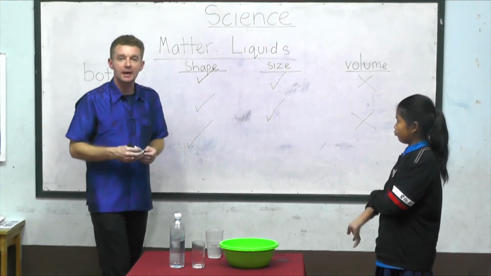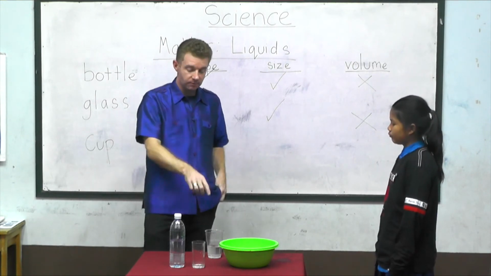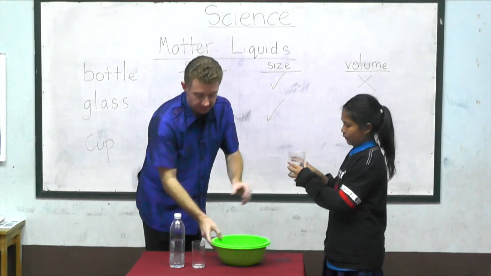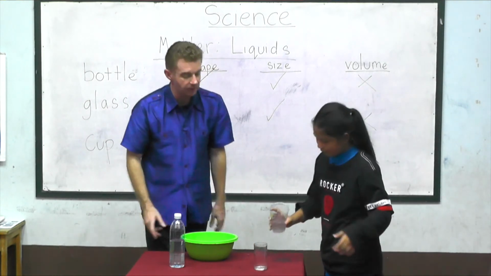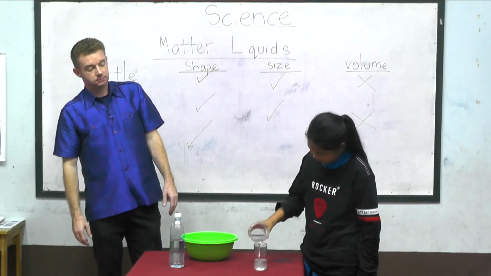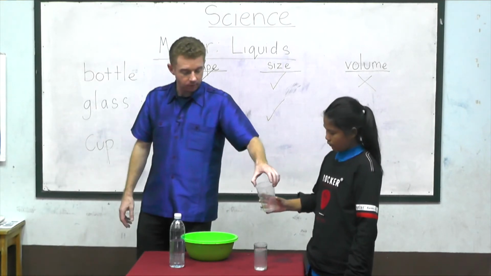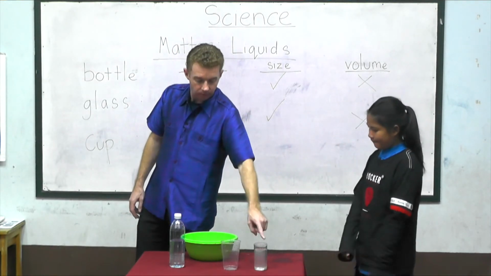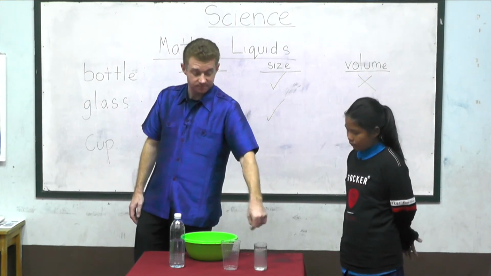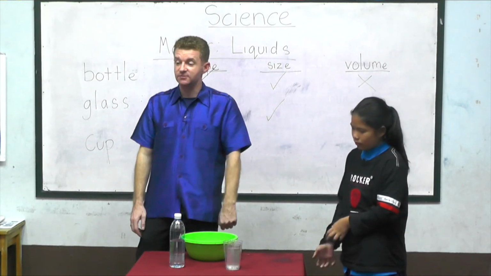Now, I want Lakgau to investigate if there will be a change of size from the plastic cup into the glass. So now, Lakgau, can you pour your water from the plastic cup into the glass? Okay, well done. Now look at the plastic cup and look at the glass. Different sizes? Yes. The glass actually fits inside the cup.